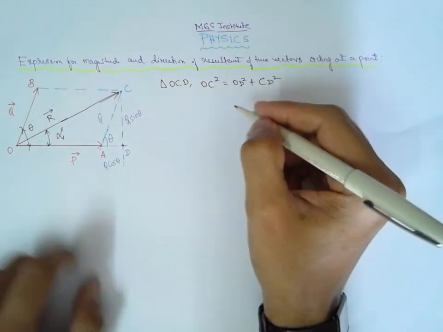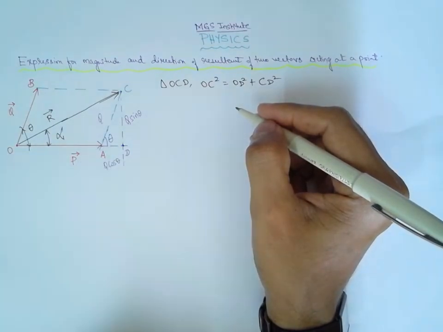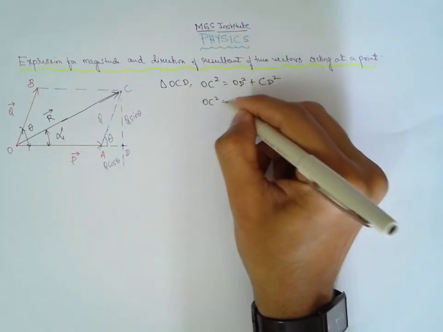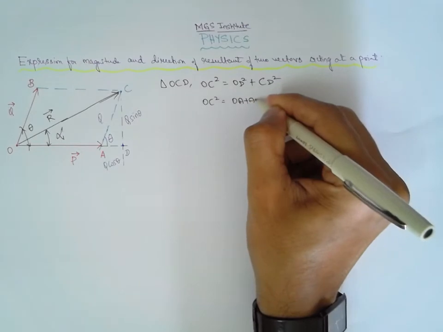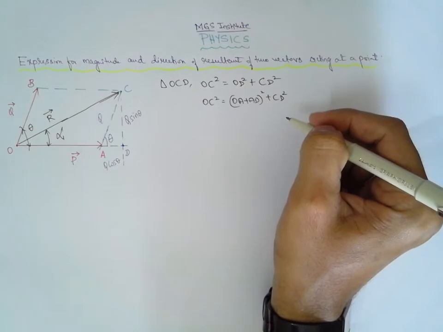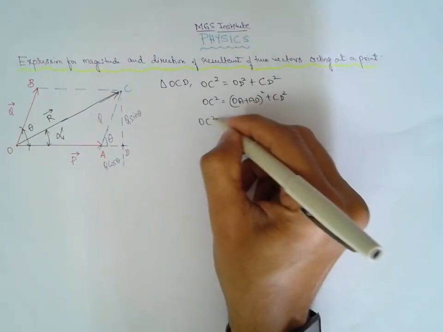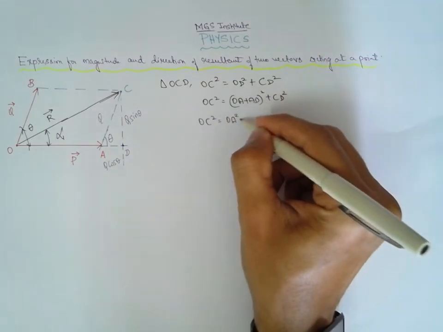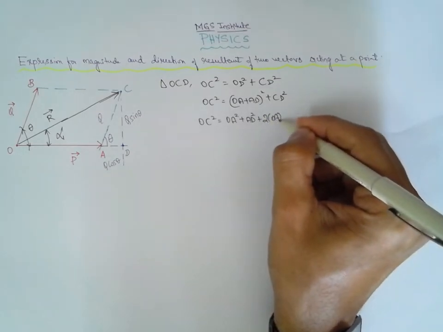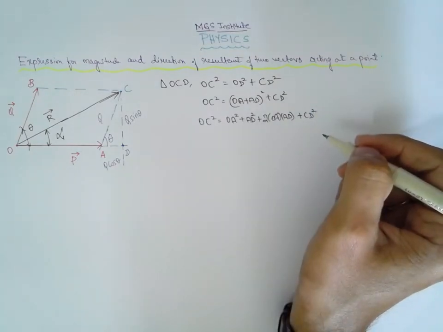Now OD can be called OA plus AD, so I can write it as (OA plus AD) whole square plus CD square. Applying the (a plus b) whole square formula, I will get OC square equals OA square plus AD square plus 2 OA AD plus CD square, right?